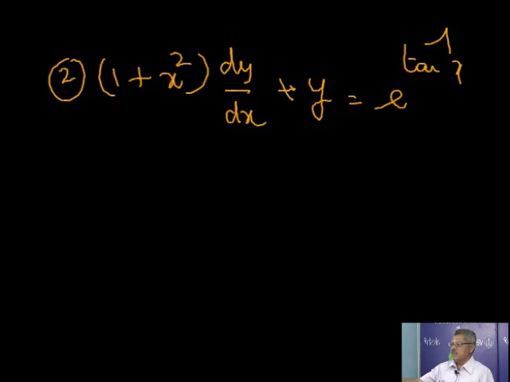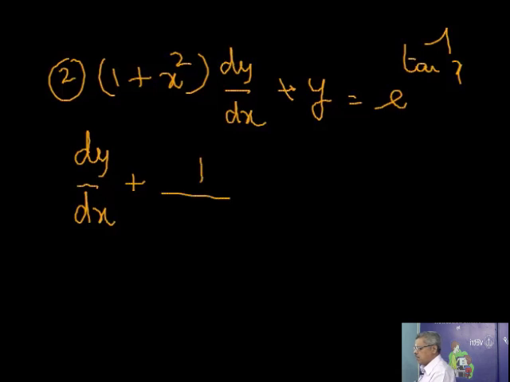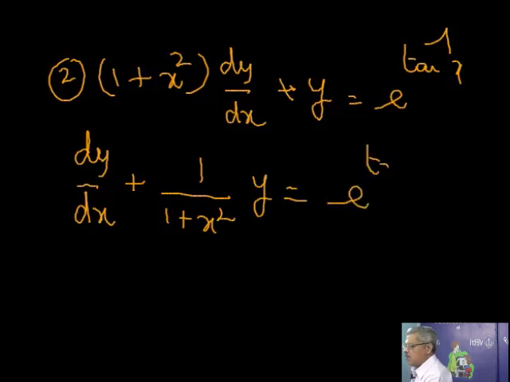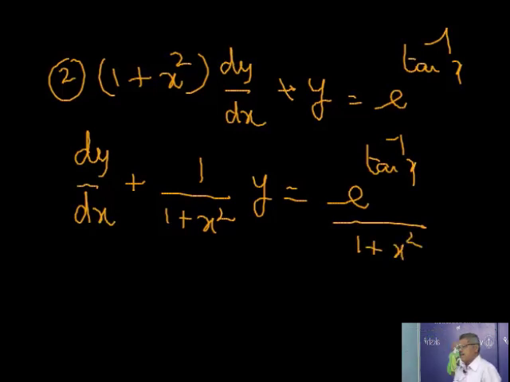The coefficient of dy by dx must be unity. Therefore, divide by 1 plus x square. We get the equation dy by dx plus 1 by 1 plus x square y is equal to e power tan inverse x by 1 plus x square. We are dividing each and every term by 1 plus x square.